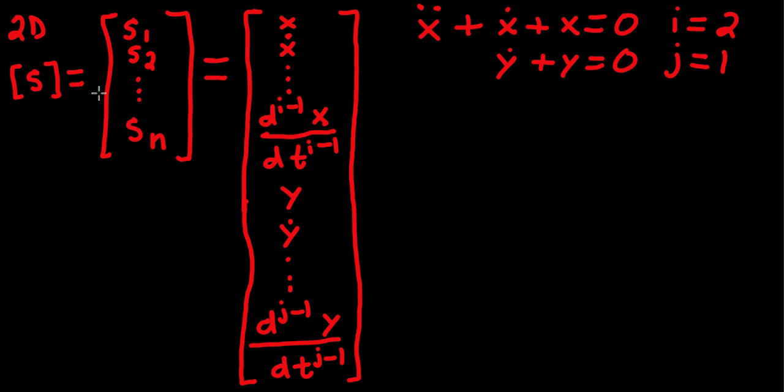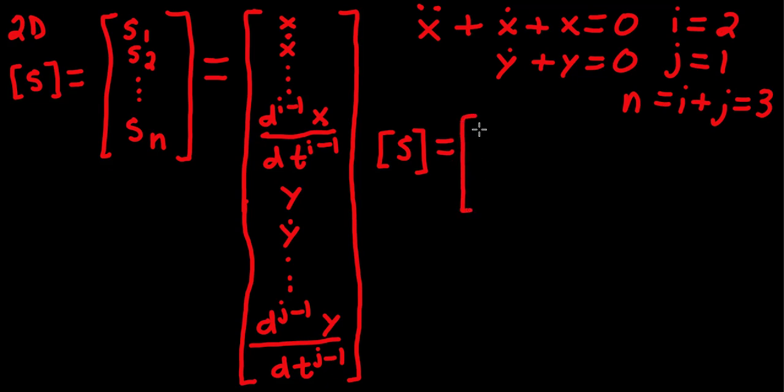Now if you're wondering what the size of our state vector is going to be, it's just going to be i plus j. So n is equal to i plus j, which in this case is equal to 3 for this problem. So if we were to approach this problem and get our state vector and try to go from there to get the derivative of our state vector, then we would have 3 state variables, S1, S2, and S3.